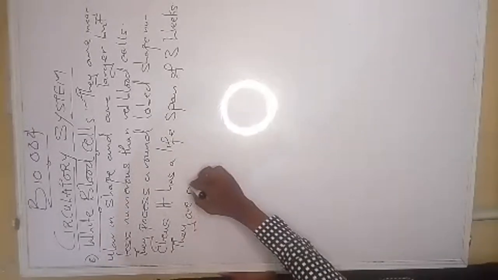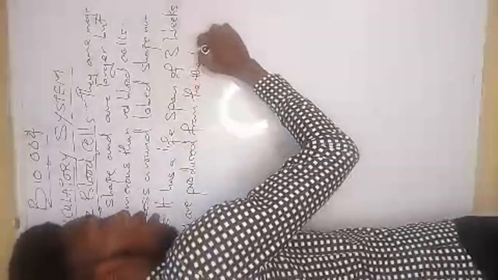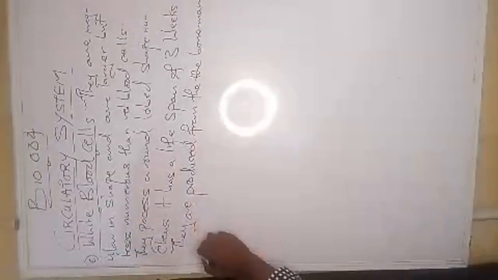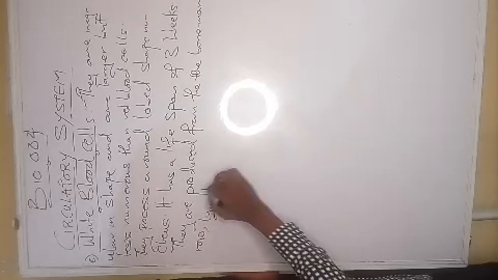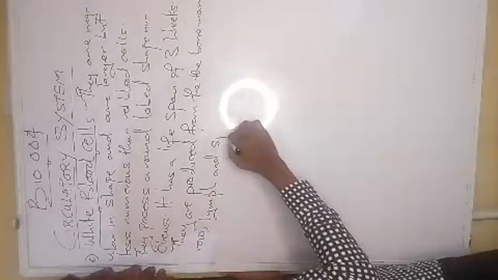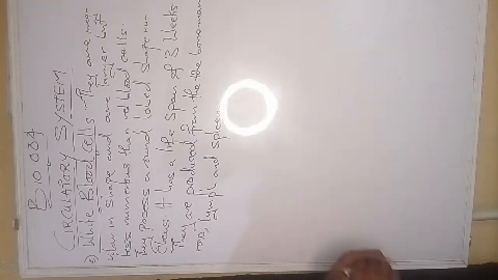They are produced from the bone marrow, the lymph node, and spleen. These are the places that they are produced. So after 3 weeks, which is their lifespan, they die off.